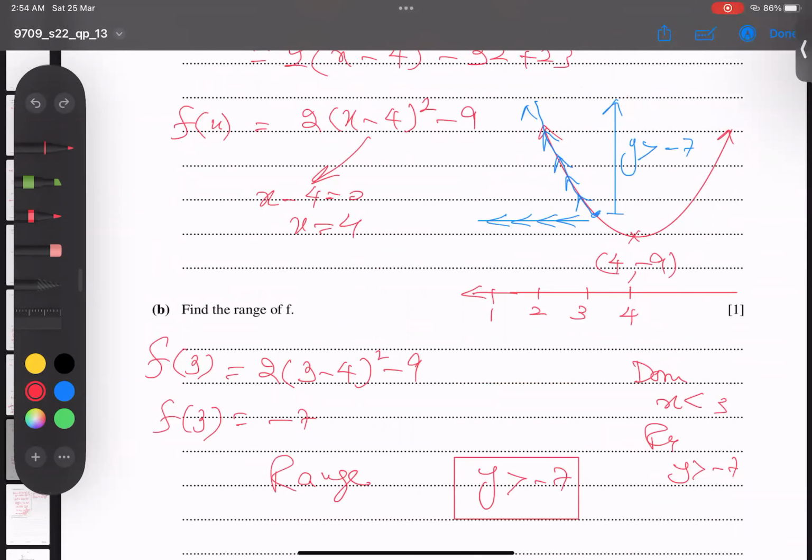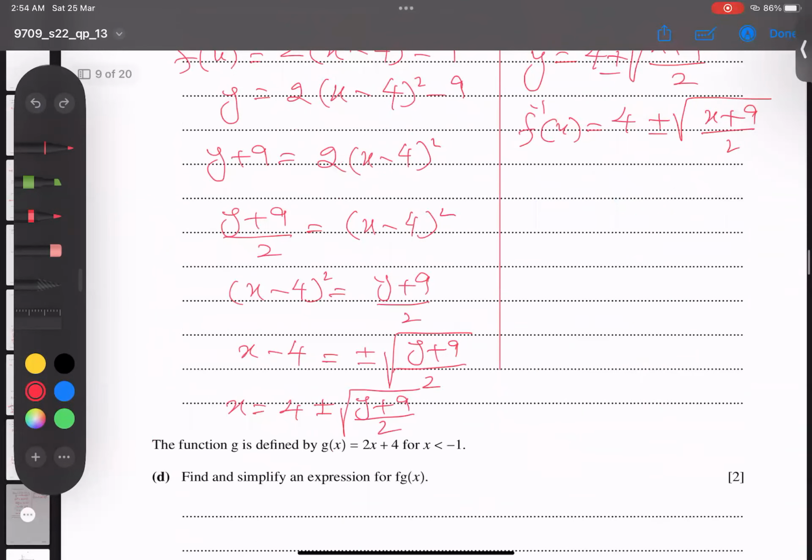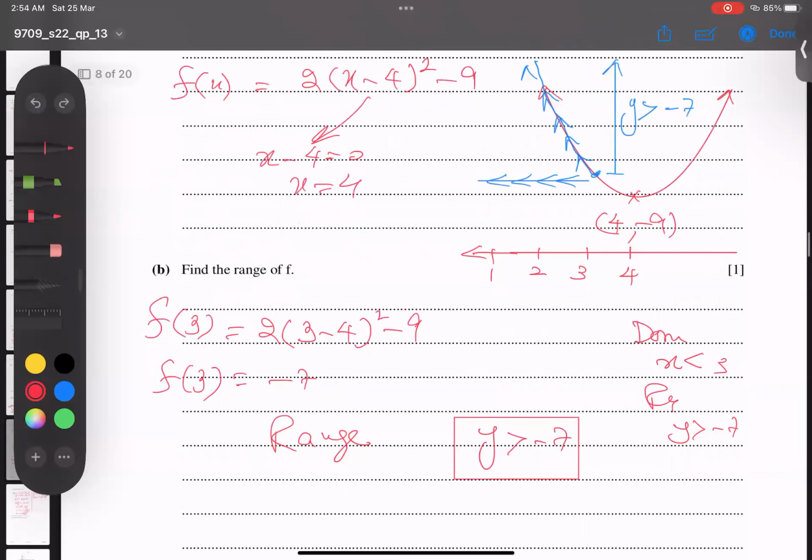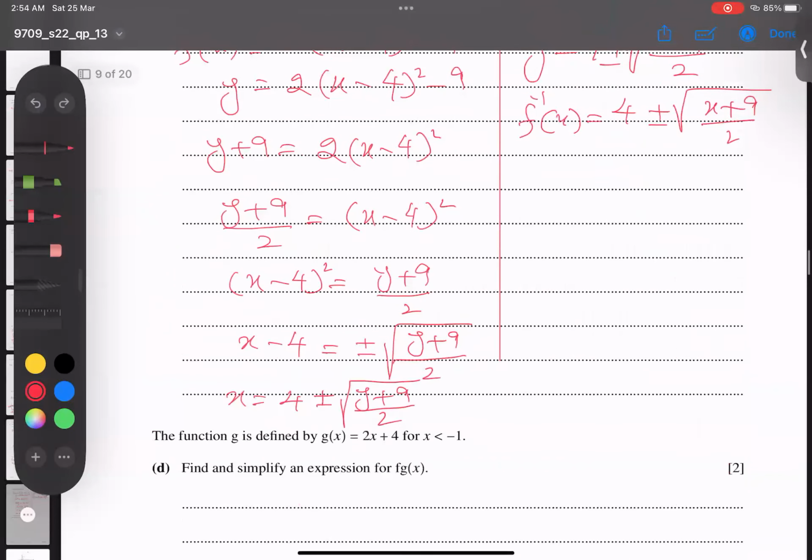I'm going to show you this graph, and I believe you will understand. Okay, so 1 minute please. The turning point is (4, -7). So the graph is going this way. For example, x goes this way, x is less than 3, and y goes this way, y is bigger than -7.